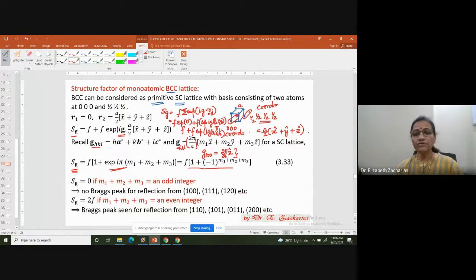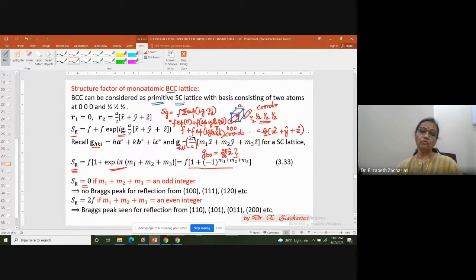If M1 plus M2 plus M3 is an odd number, what is minus 1 to the power of an odd number? Minus 1. Oh, you have come to class. Minus 1. So look at this. 1 plus minus 1. So you get 0.